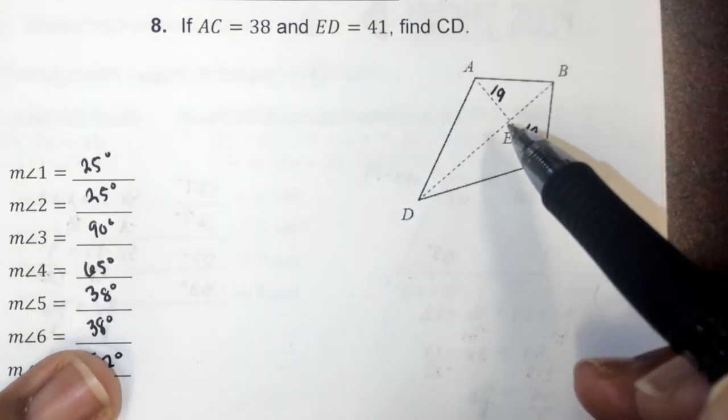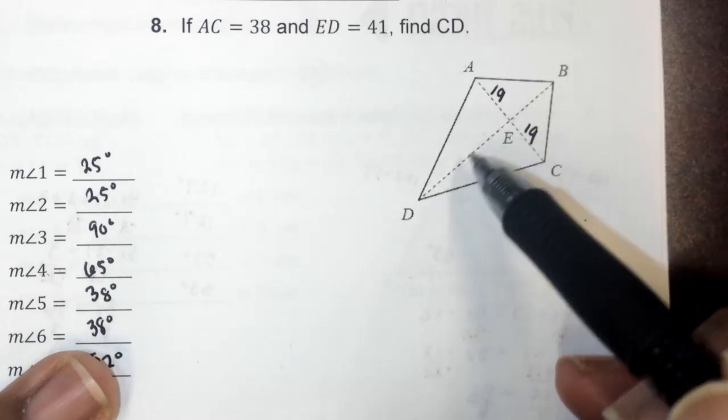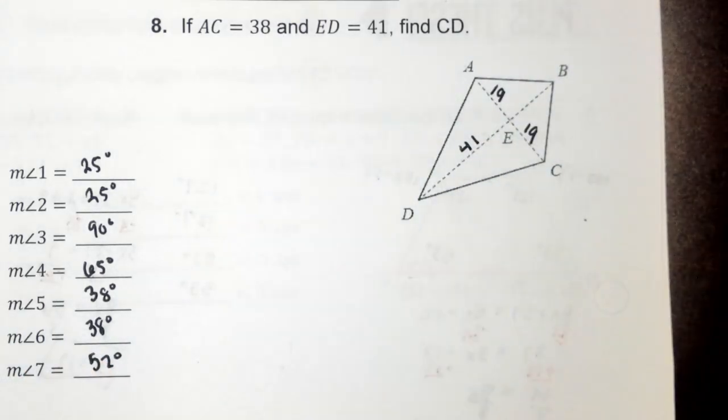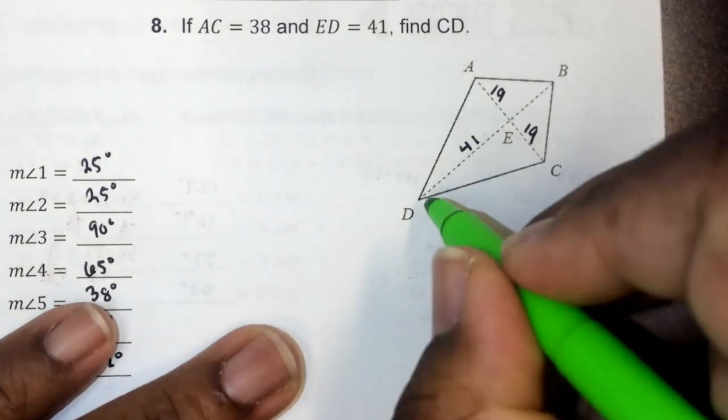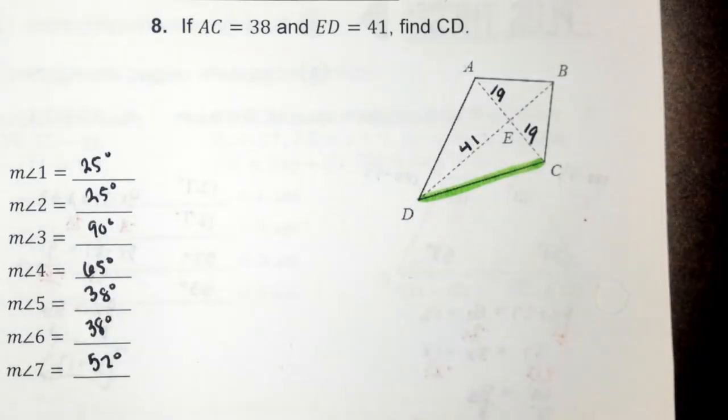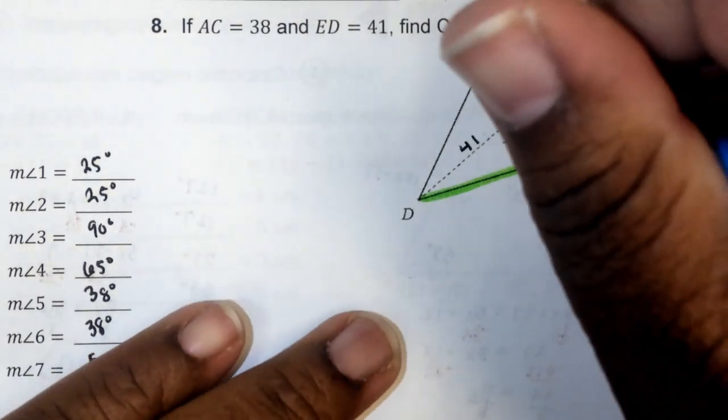ED, which is not the whole diagonal, it's just this piece right here. They say that's 41. So I'm going to write that in right here, 41. After that, they want me to find CD. CD is this side right here. Kaylani, what should we do to find CD?